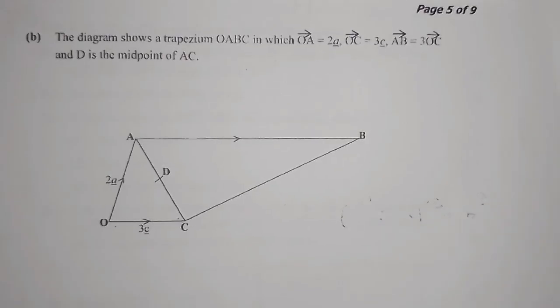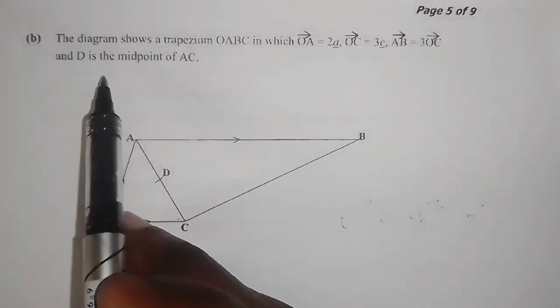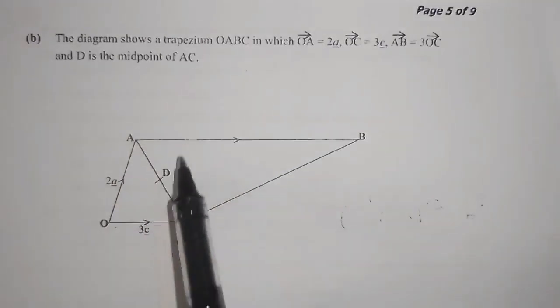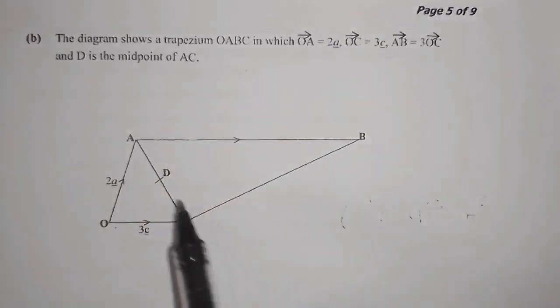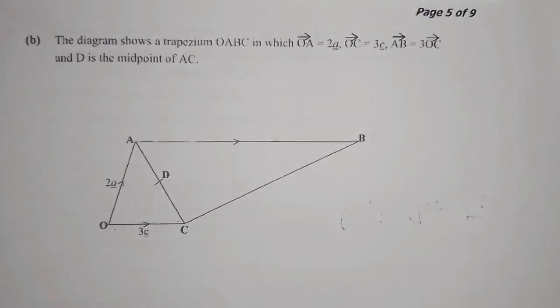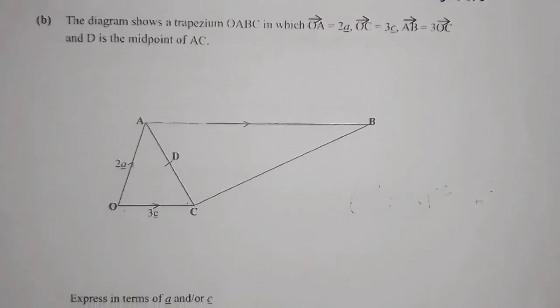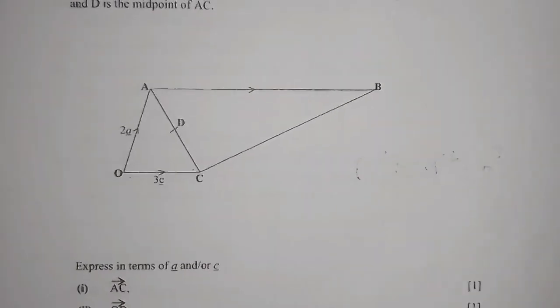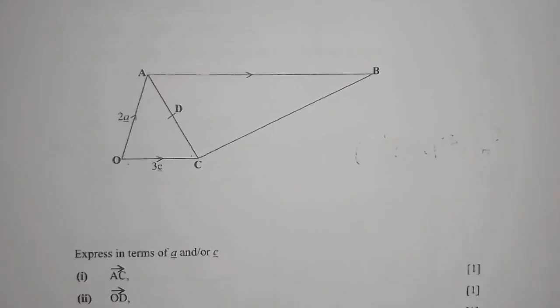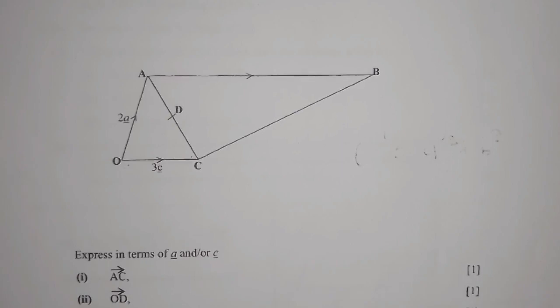And D is the midpoint of AC, so AC, and then halfway is your D, the midpoint. Now the first question says, express AC in terms of A and C.